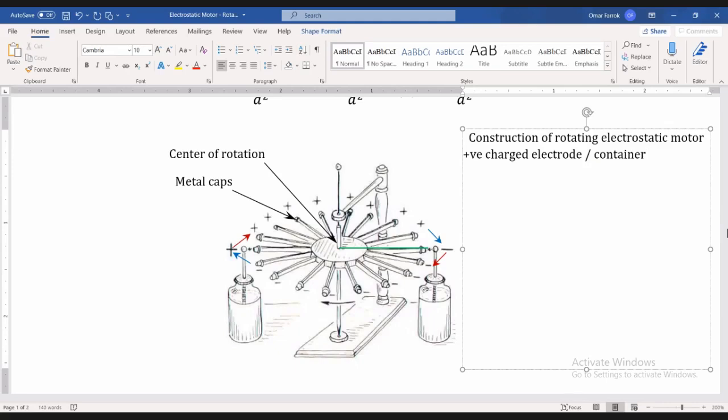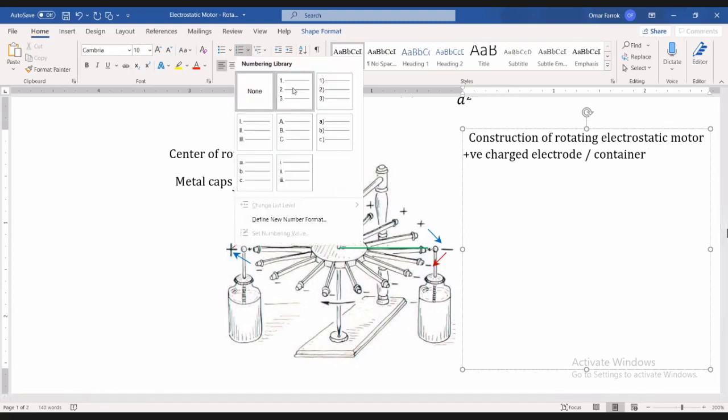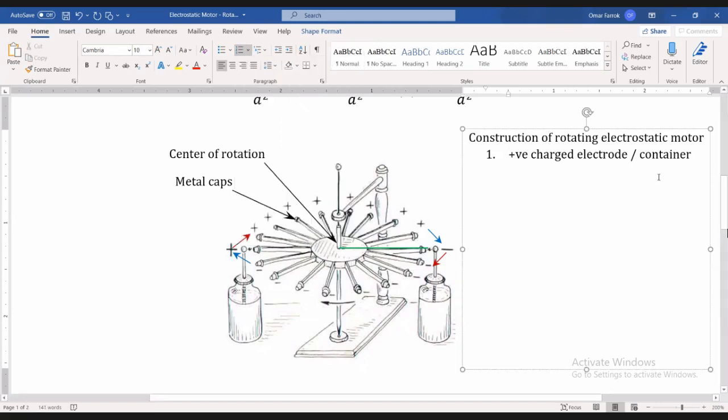We need a container or jar to produce the positively charged electrode, and we need another electrode which is negatively charged. So there are two different electrodes.